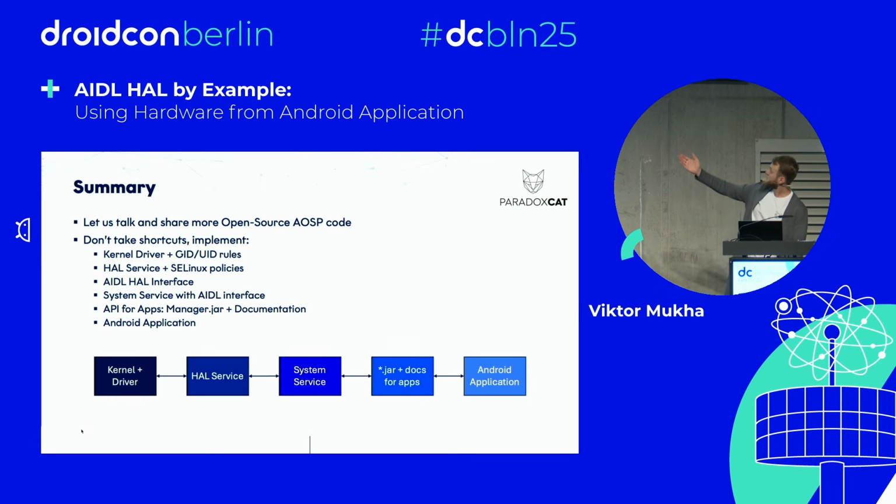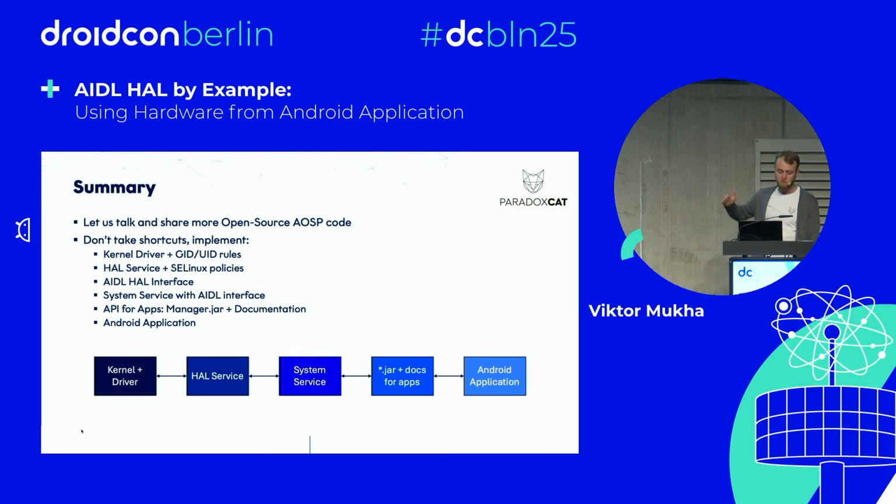And again, just to recap, this is the whole chain of things we were doing. We got the kernel and the driver. We created a HAL service, which exposes a HAL interface. And this interface is used by the system service via AIDL, which is again exposing another AIDL interface via a manager jar towards the Android application.